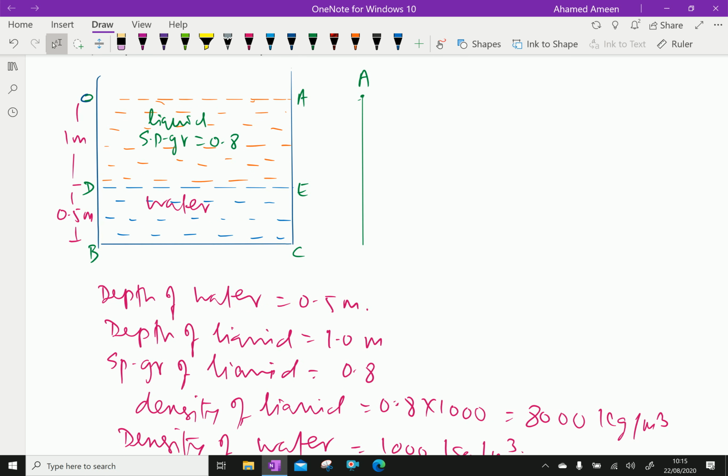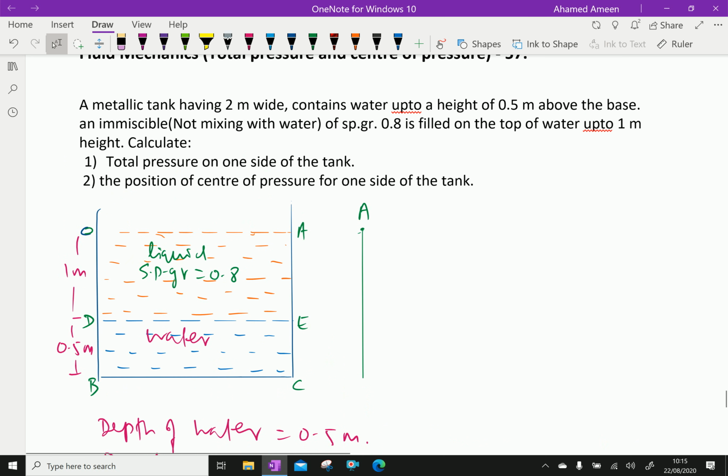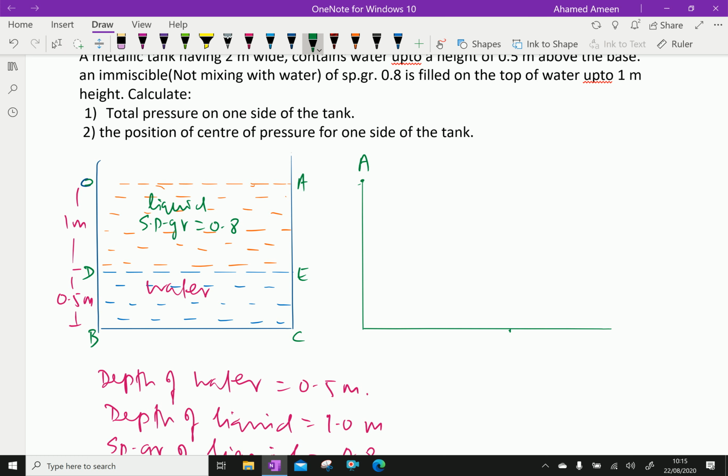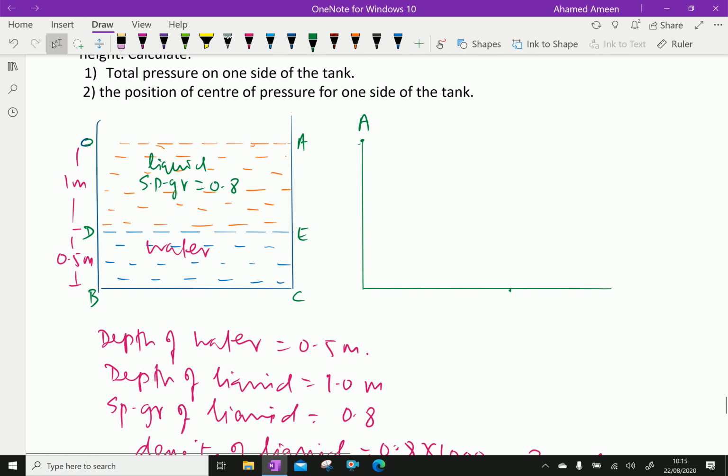Suppose here we draw the pressure diagram. Take this much as the pressure PA, that is 7848, for some scale.